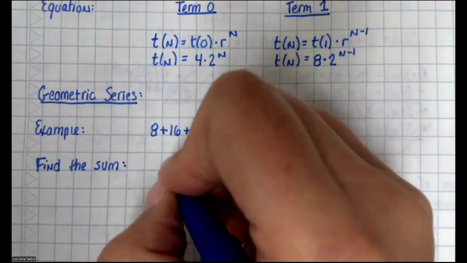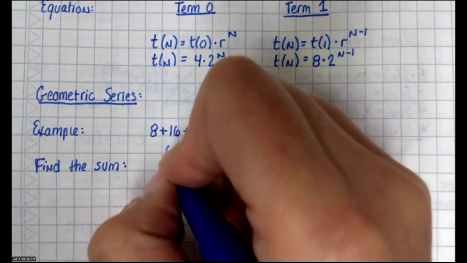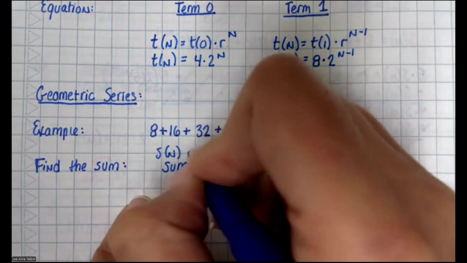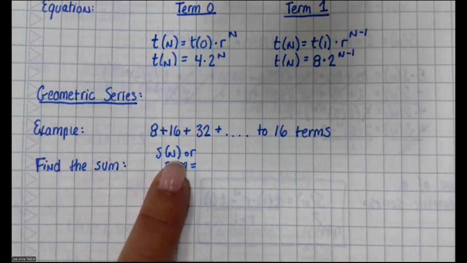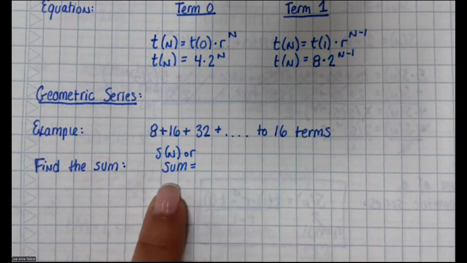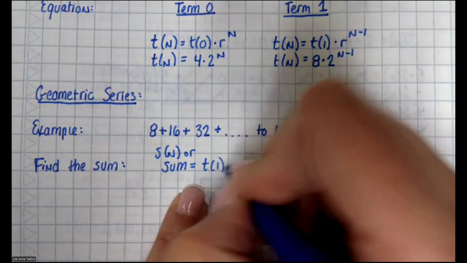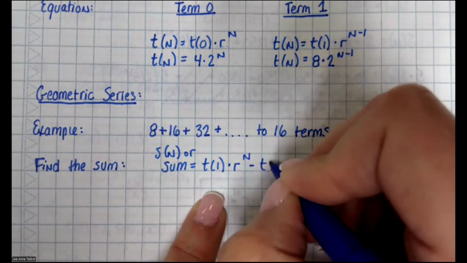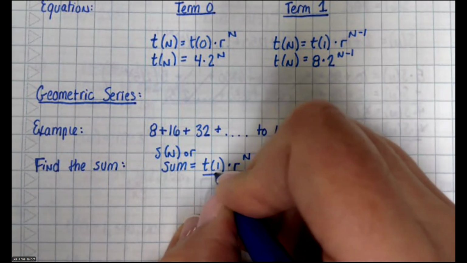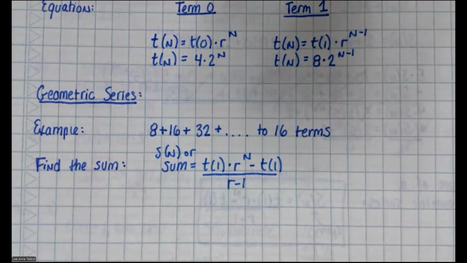Okay, the formula is sum equals, and it also might say S sub n. So S means sum of n amount of terms, or it might say the word sum, either way. First term times r to the n minus first term over r minus what?